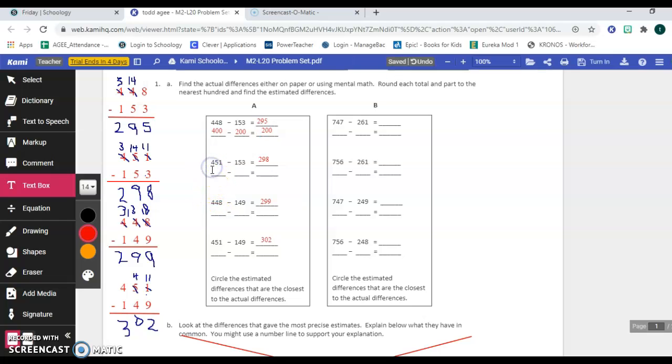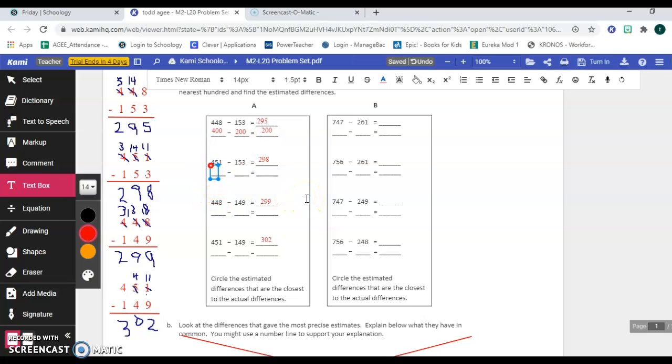Here we've got 450 rounding up to 500, 150 rounding up to 200. 448 rounds down to 400, 149 rounds down to 100.